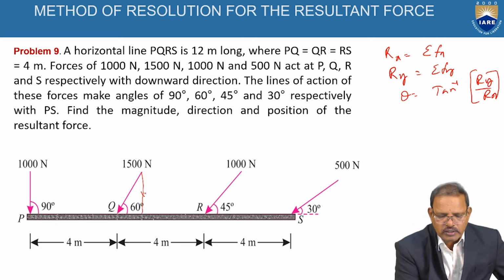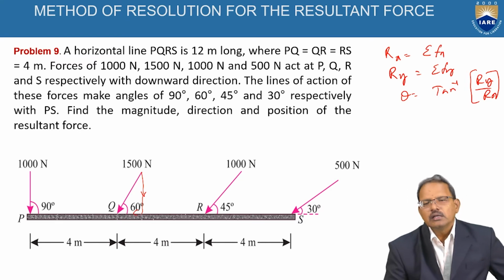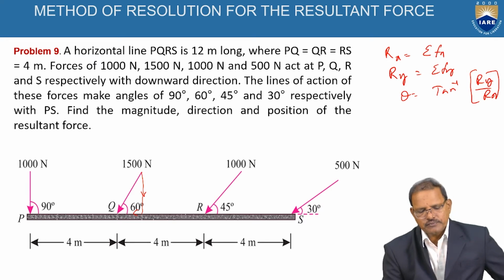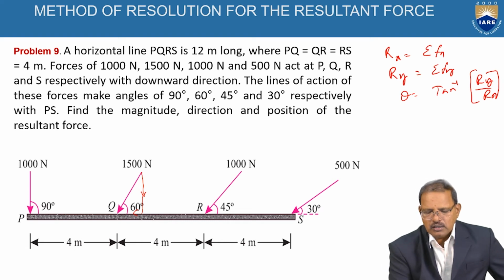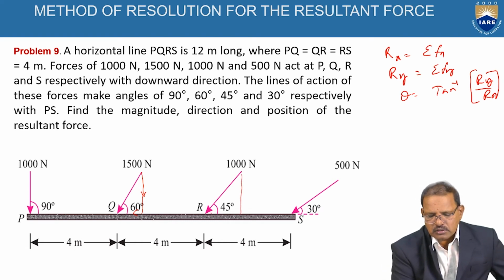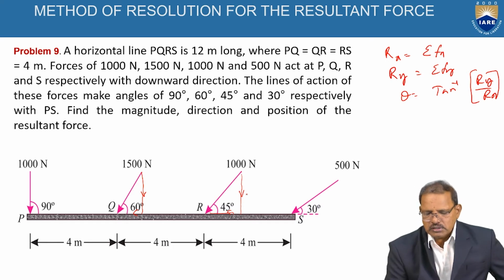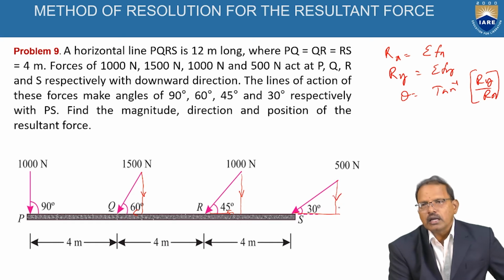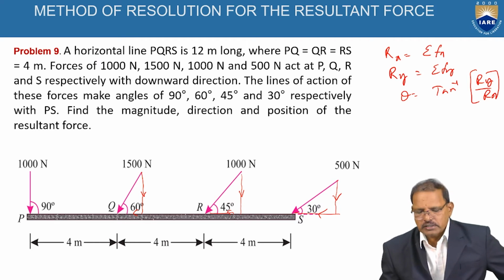One is along the downward direction, and one more is acting along the negative x direction at Q. Similarly, the 1000 newton force at R, when resolved into two components, has the x component acting toward the left hand side and the y component acting in the downward direction. The third one, again when resolved, has a vertical component acting downward and a horizontal component acting toward the left hand side.